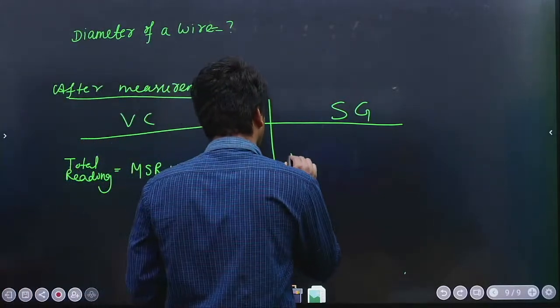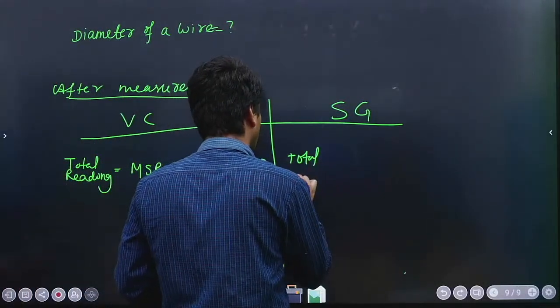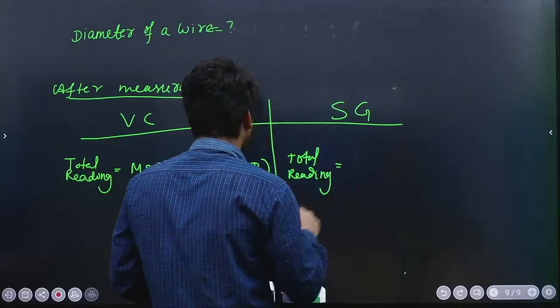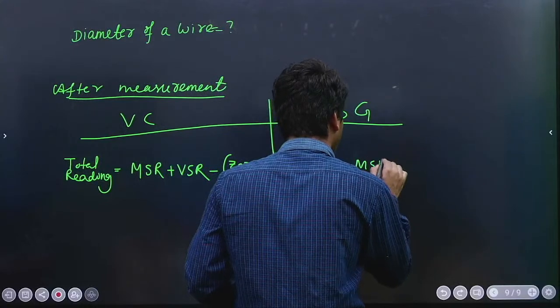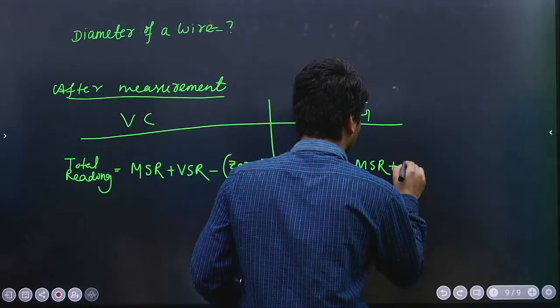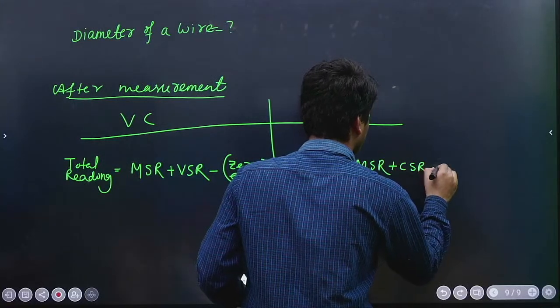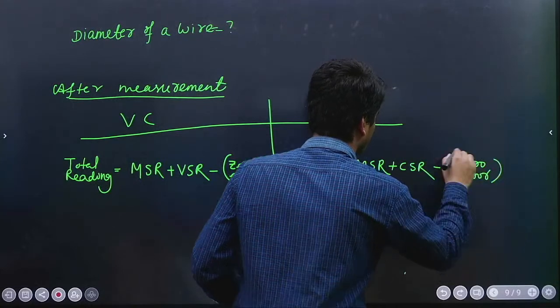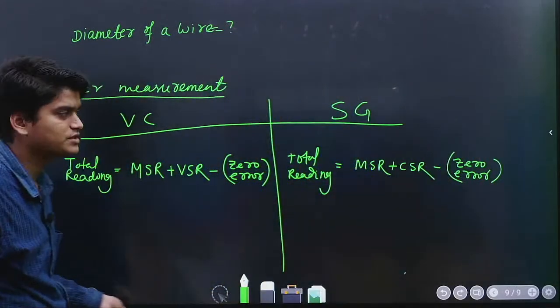Similarly, if you want to find the total reading, what to do? One is MSR, one is CSR, then minus zero error. Remember this.